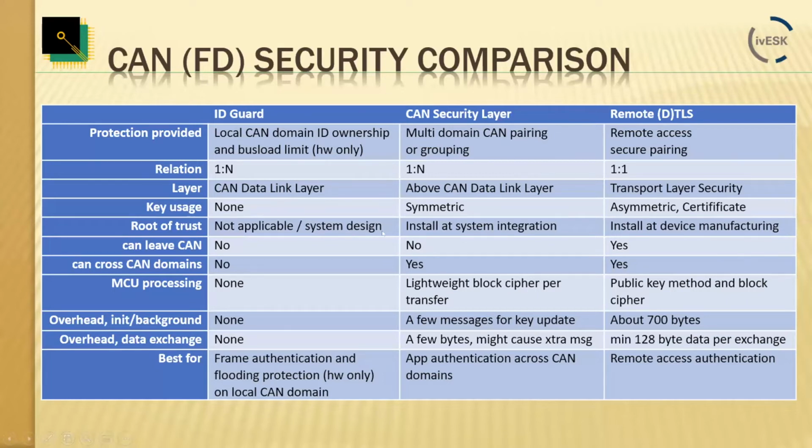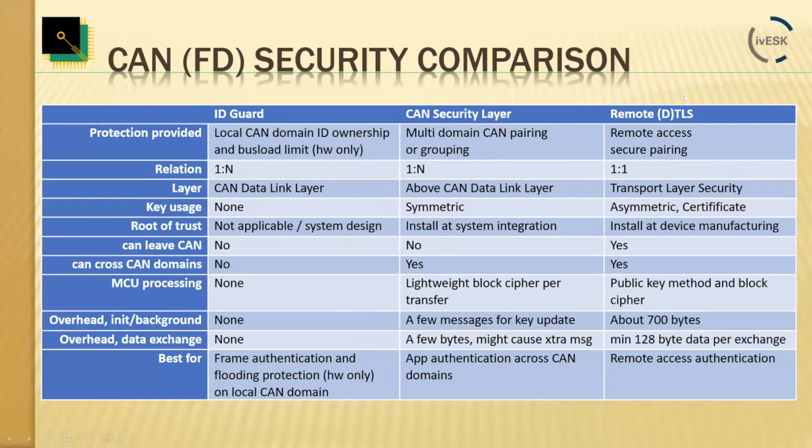Or if not in code, then somewhere within the configuration of a device. The best place for the CAN security layer is the system integration level. So that person who plugs together the CAN components and switches on the entire system for the first time is typically a good point for doing it.